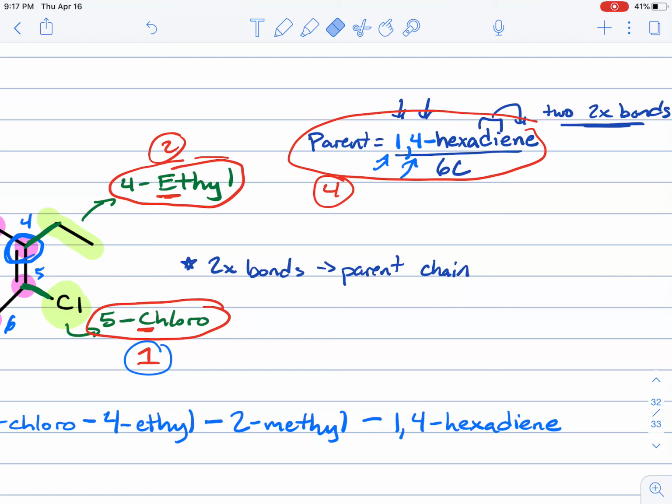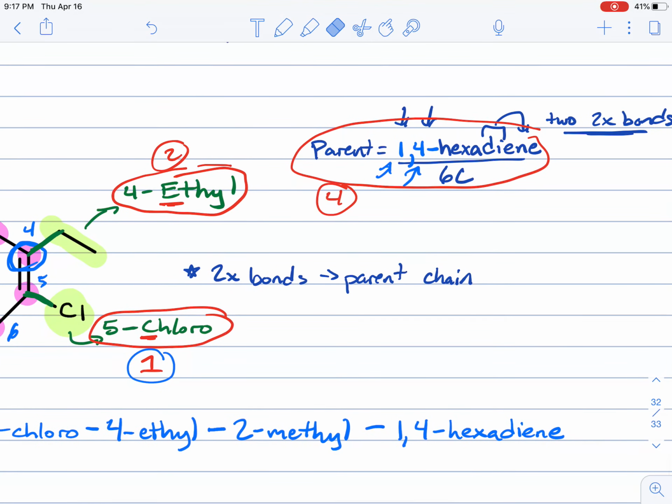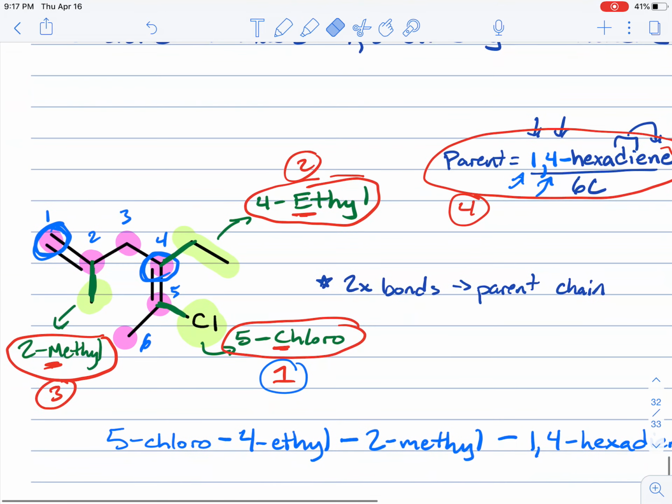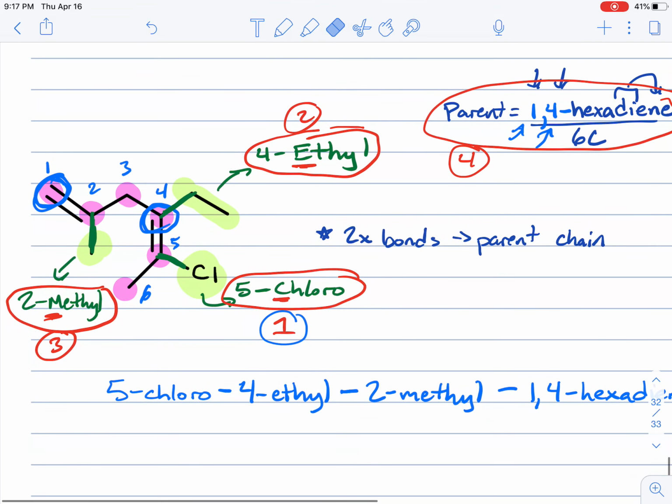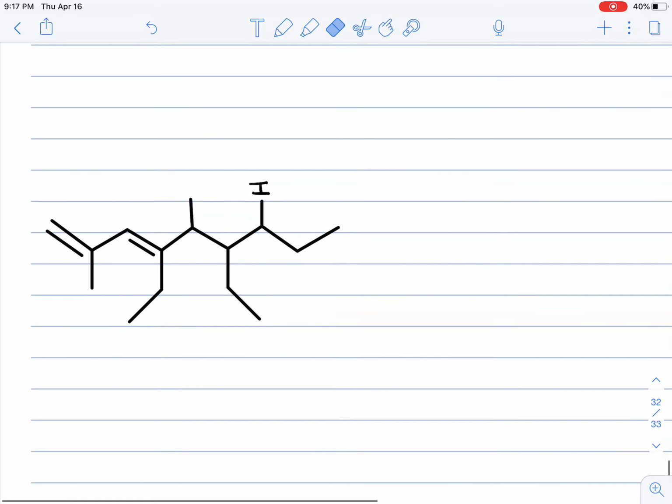So if it's di, you need to provide 2 numbers, such as like 1, 4, right? Just like this example. If it's triene, that means there's 3 double bonds, and you need to tell the reader what carbon number it's found, so to speak, if you go from like left to right or right to left. And so hopefully this helps introduce that concept to you, and we'll go ahead and do one more.